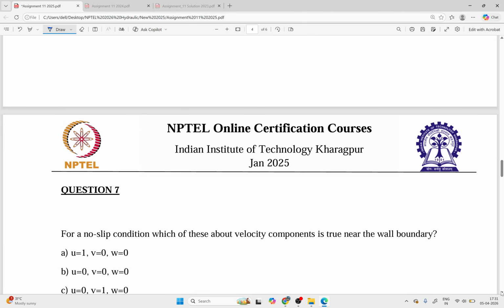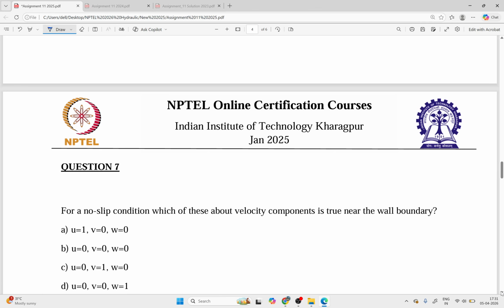Question number 7. Very fundamental, very basic. You can give this answer from your basic fluid mechanics. For a no slip condition, which of these statements about velocity components is true near the wall boundary? Option A, u is equal to 1, v is 0, w is 0.